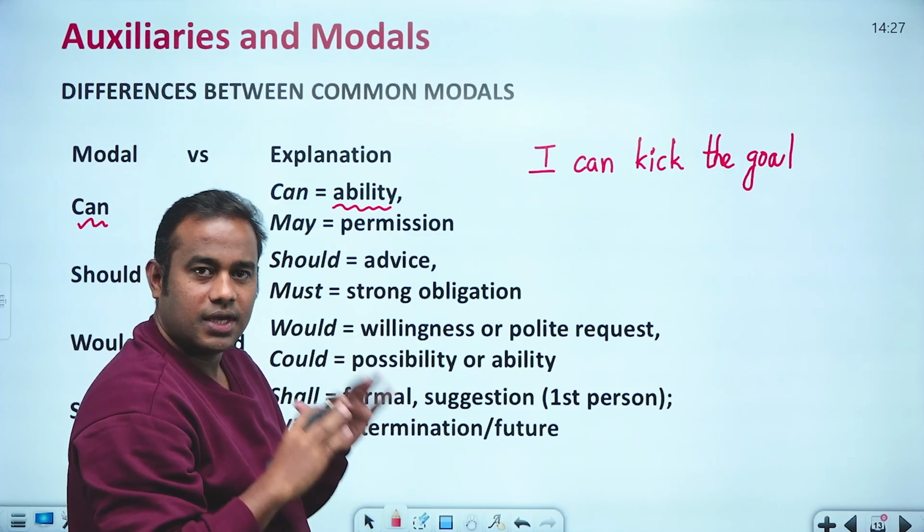But when you say I can kick the goal, you are saying what you are able to do. Instead of possibility, the right word is ability. You are expressing your capacity. That's the right way of saying it.